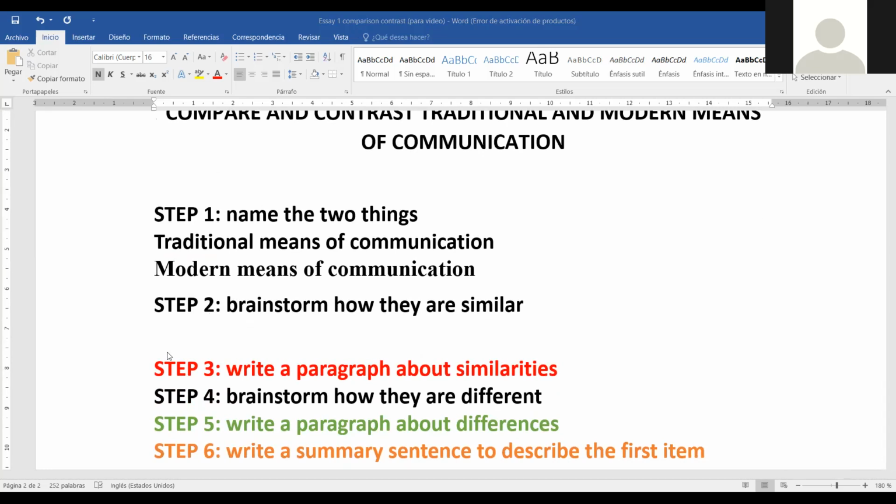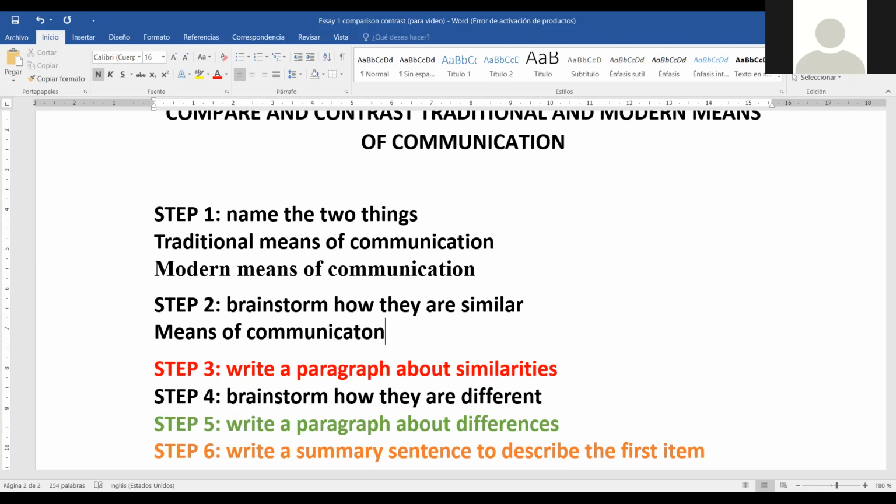Okay, both are means of communication. Keep saying things, Luis, because in the brainstorm you just write whatever idea comes to your mind. You don't have to stop thinking that this is correct, this is incorrect. That's not the idea. The idea is only to say as many ideas as you can.